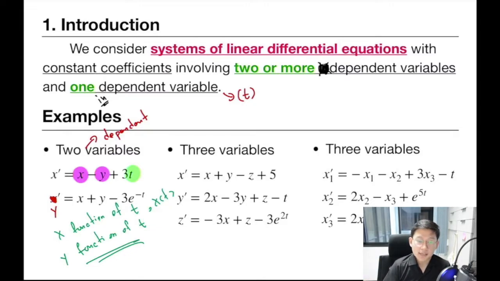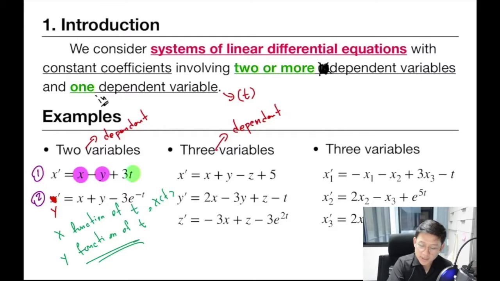And that is the first differential equation, right? The second differential equation with two dependent variables, and these two equations are called a system of linear differential equations. The second example here is, again, three dependent variables.